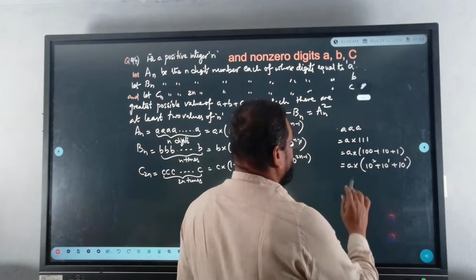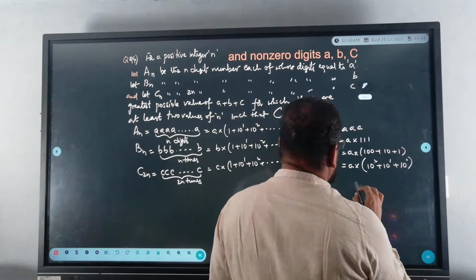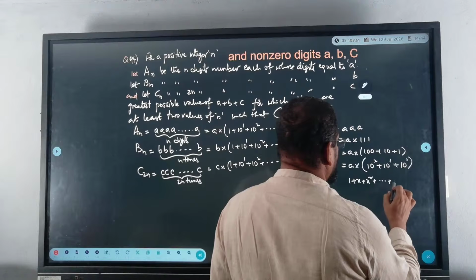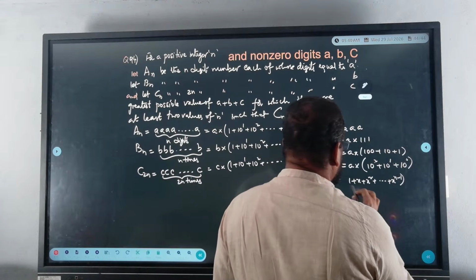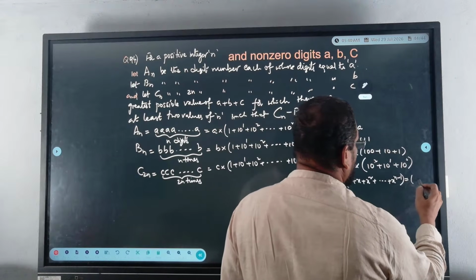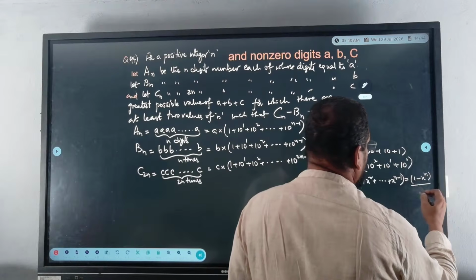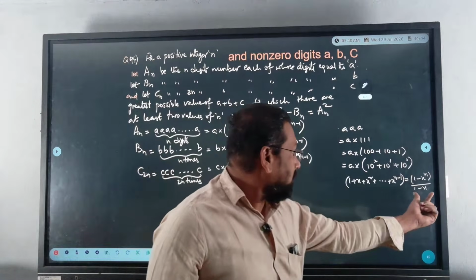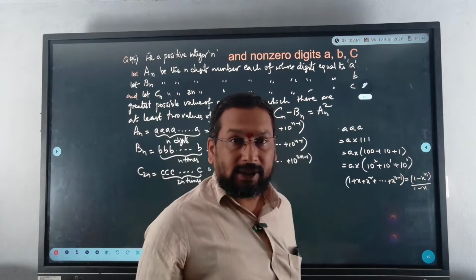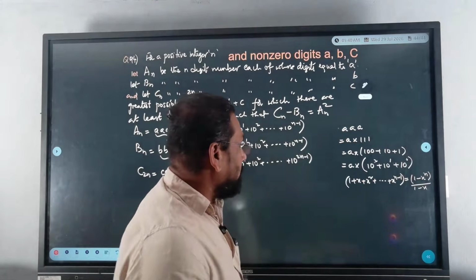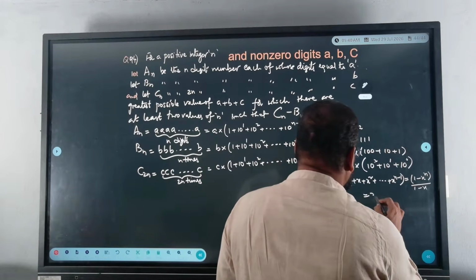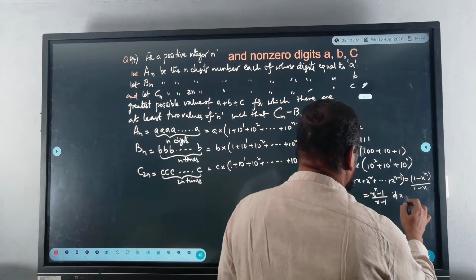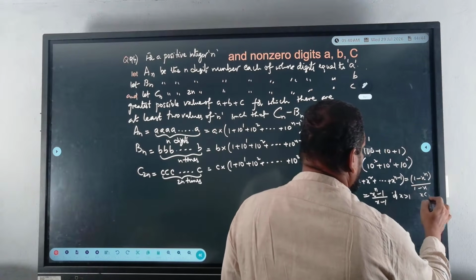Now this is 1 plus x plus x square plus and so on plus x power n minus 1. What is its expandable form? 1 minus x power n by 1 minus x. This is the formula. It can also be written as x power n minus 1 by x minus 1 if x is greater than 1. Here it is x less than 1.